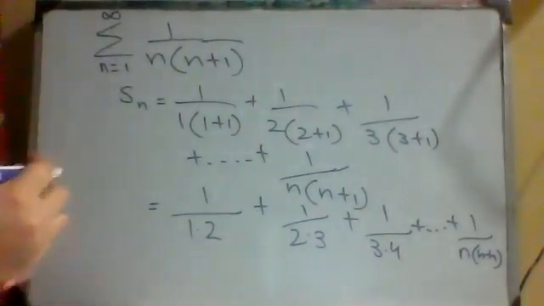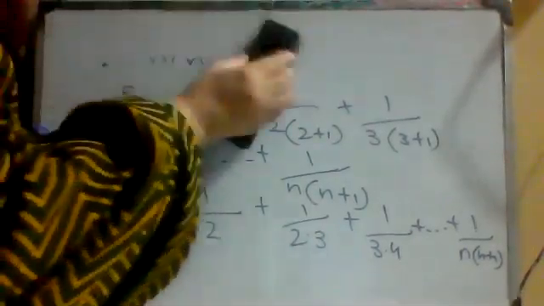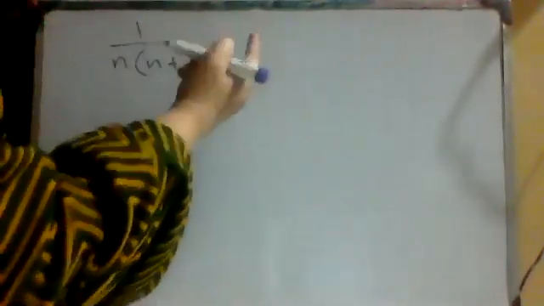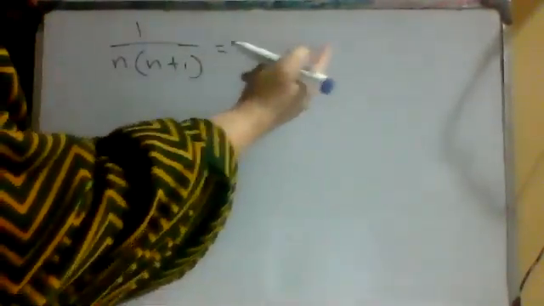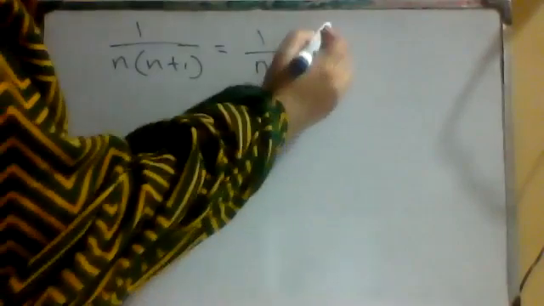So now what I will do is use partial fractions on this term, which is a over n plus b over n plus 1. If I use the method of partial fractions, I will get 1 over n minus 1 over n plus 1.